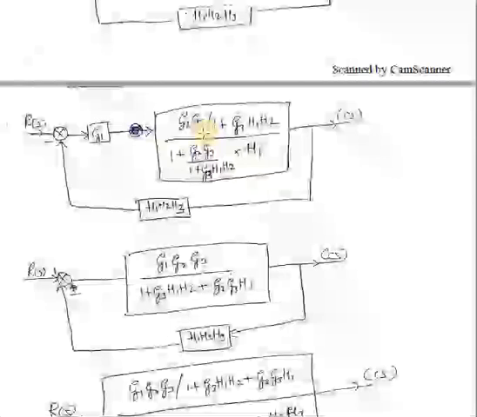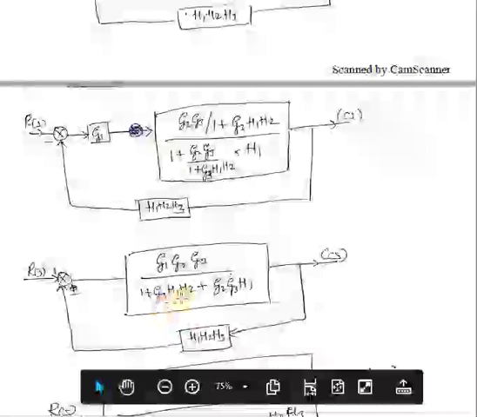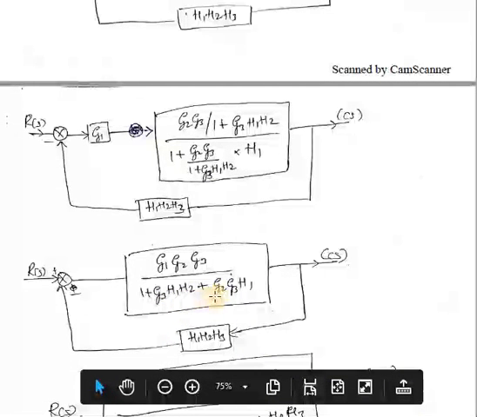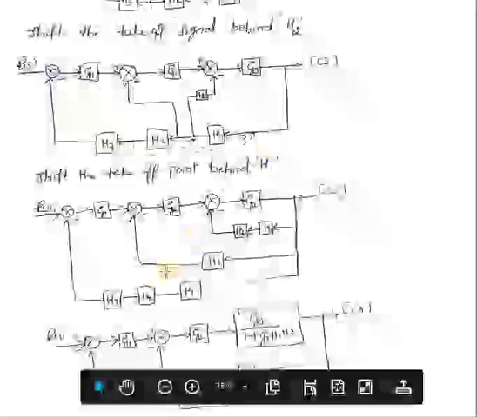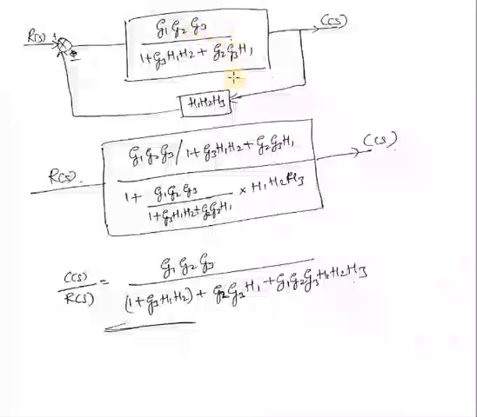Once you write that, this block will be in series with this G1 and it is going to form the canonical loop. So first you write the product as G1 G2 G3 divided by 1 plus G3 H1 H2 plus G2 G3 into H1, and the feedback signal is written as H1 H2 H3 because these three are in series. So now it is forming the canonical loop with this equation.